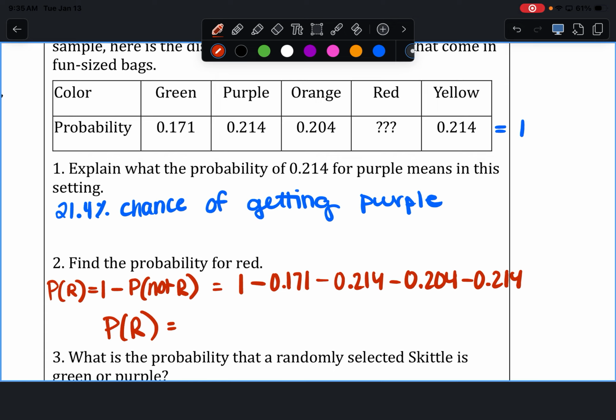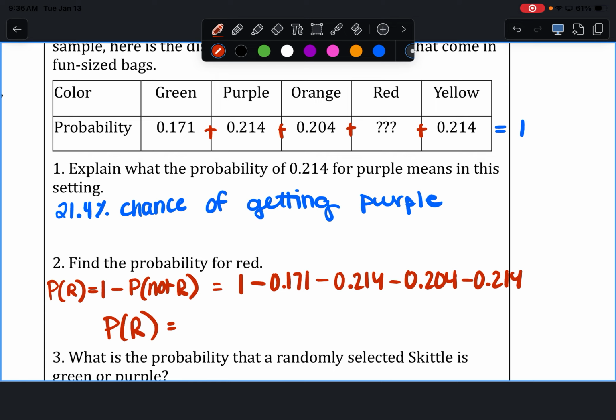All of them add up to 1. That includes red. So if I was to add them all together, they would equal 1. So we subtract the ones that aren't red to figure out what red is, because that's the only one left, right? It's like if I gave you this problem: 7 is equal to 2 plus 3 plus x.